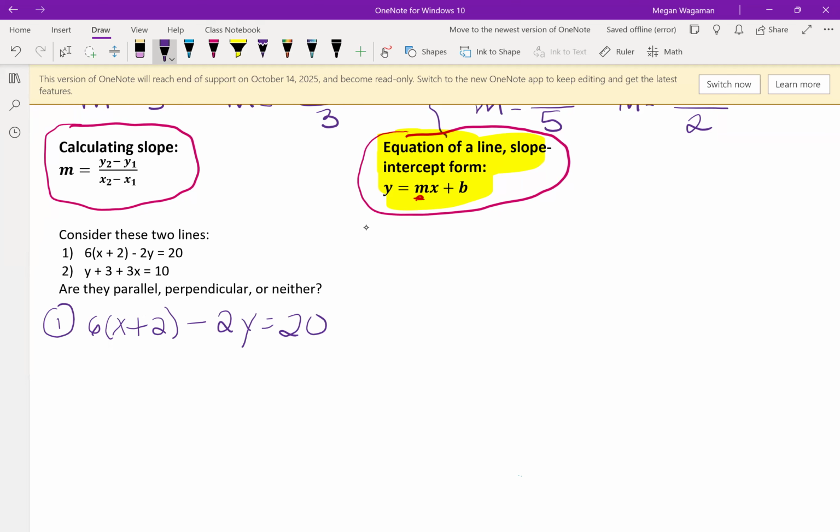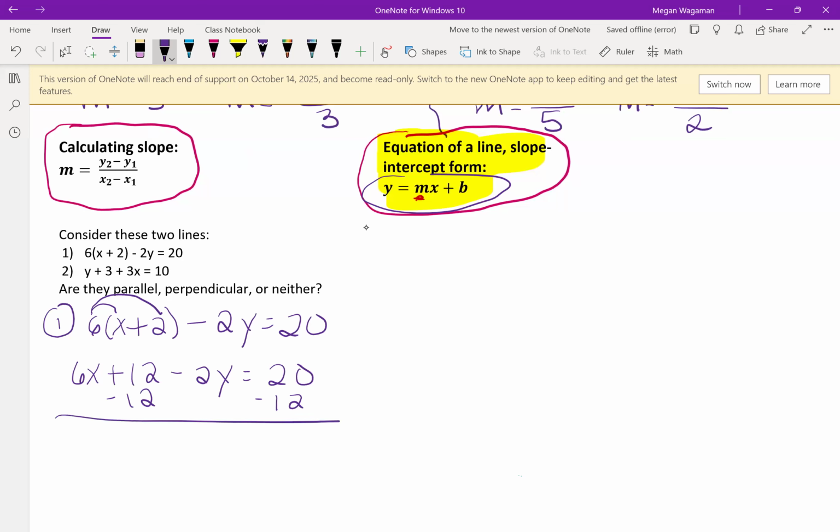I want to get the y by itself, get everything else on the other side, and then I can see what the slope is. So first, I'll distribute. I've got 6x plus 12 minus 2y equals 20. Let's get the 12 over to the other side first. So that's canceled. I've got 6x minus 2y equals 8.